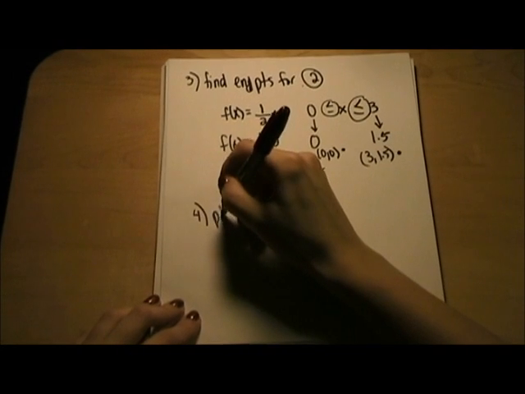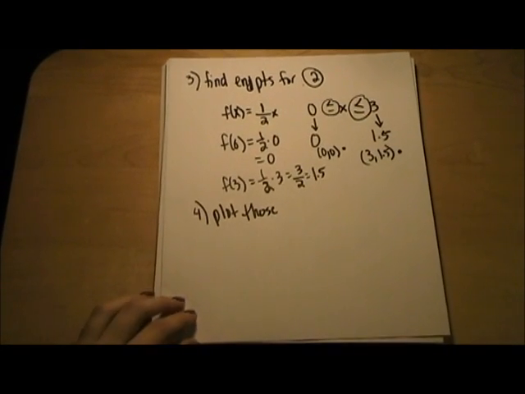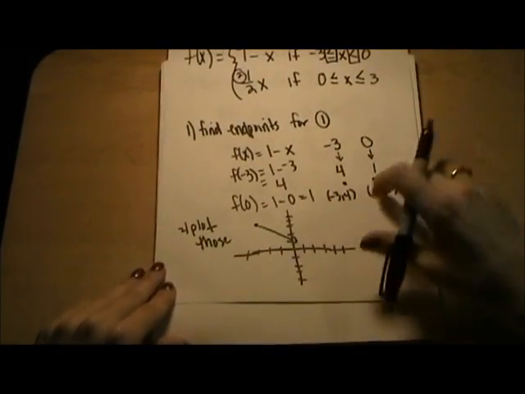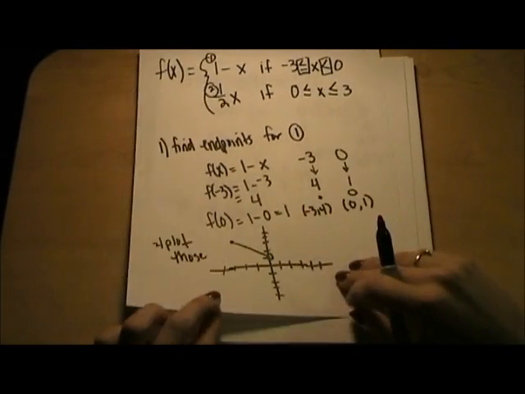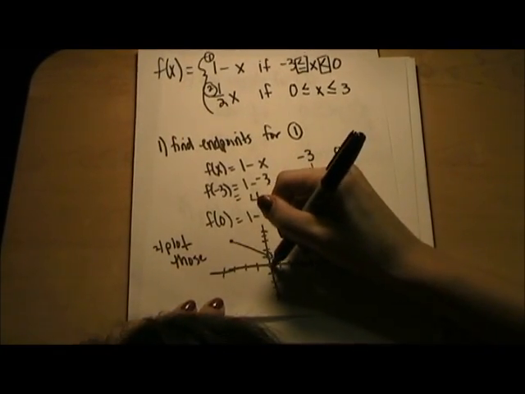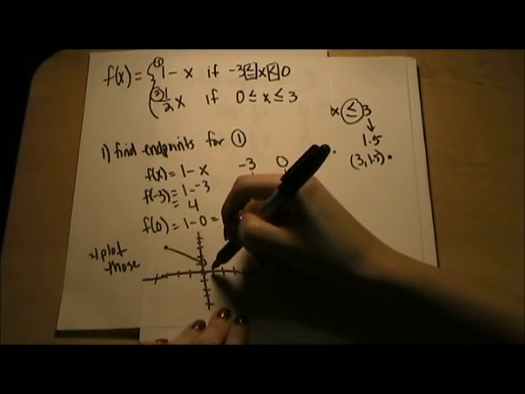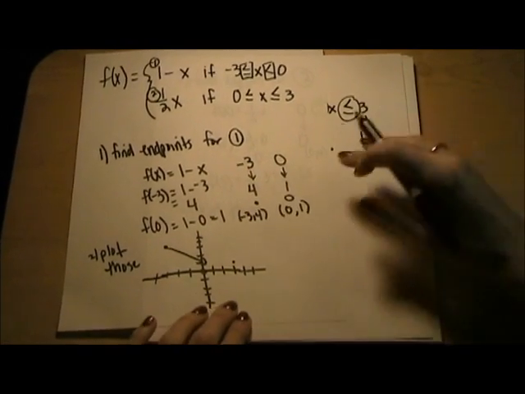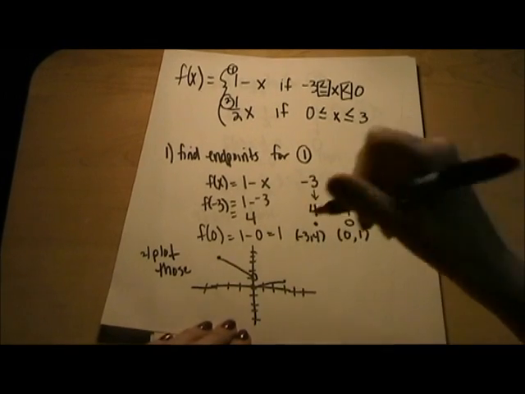Fourth step, we're going to plot those. So I'll go back to the graph we already have. And my (0, 0) was a closed point. And then my (3, 1.5), somewhere here, also closed. x is between them, so we just draw a line between them.